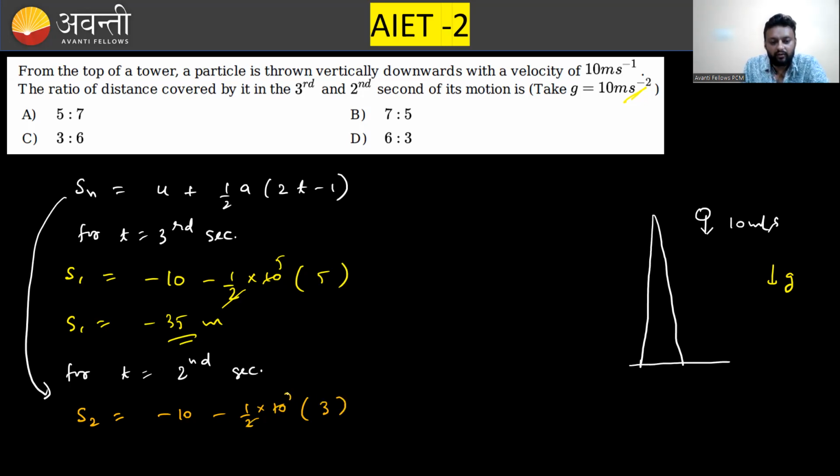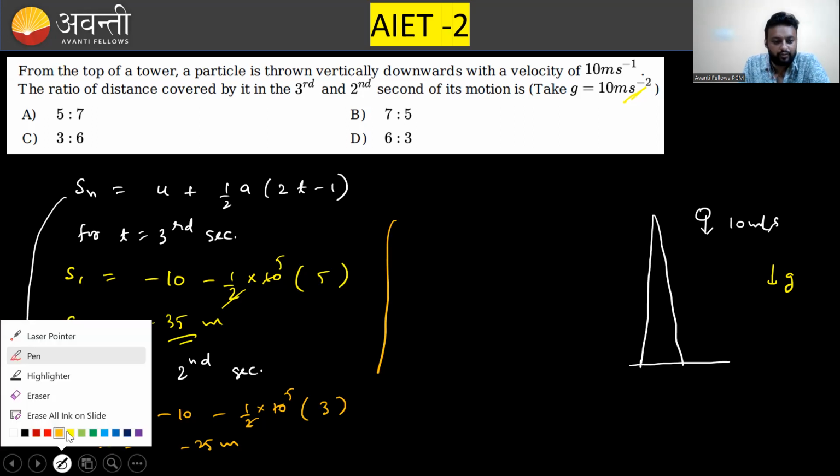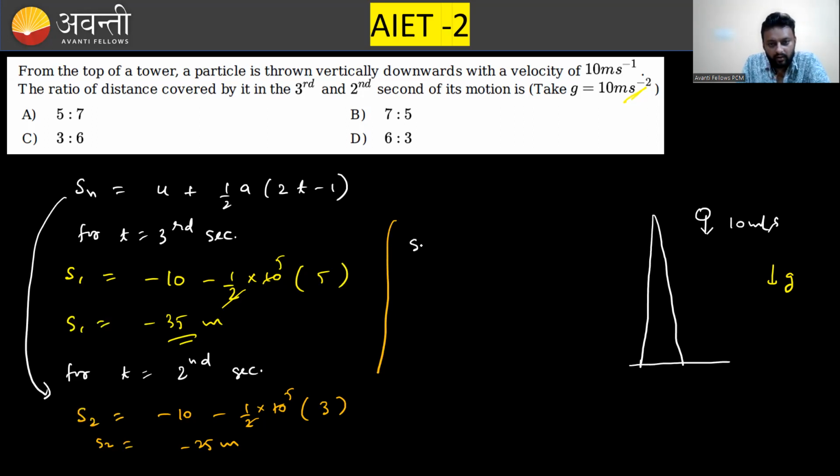So that will be 5 times 3, 15, minus 25. Minus 25 meter. So you want to calculate the ratio. If I calculate the ratio of this S1 and S2, S1 and S2 will be 35 by 25. That will be 7 by 5, which is again option number B. Option number B. I hope this question is clear.